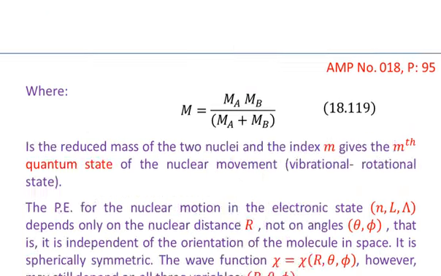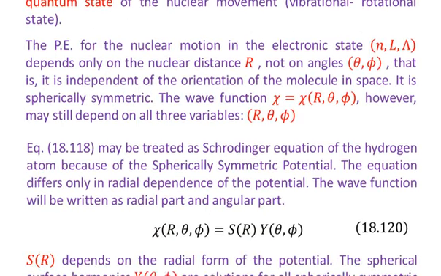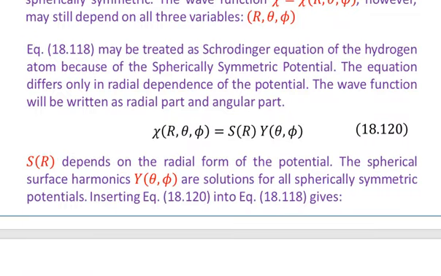This is equation 118. The equation differs only in the radial part of the potential. The wave function will be written as the radial part and the angular part. So this is the wave function chi as a function of R, theta and phi. This can be written as capital S of R, the radial part of the wave function, and the azimuthal part written as Y of theta and phi.